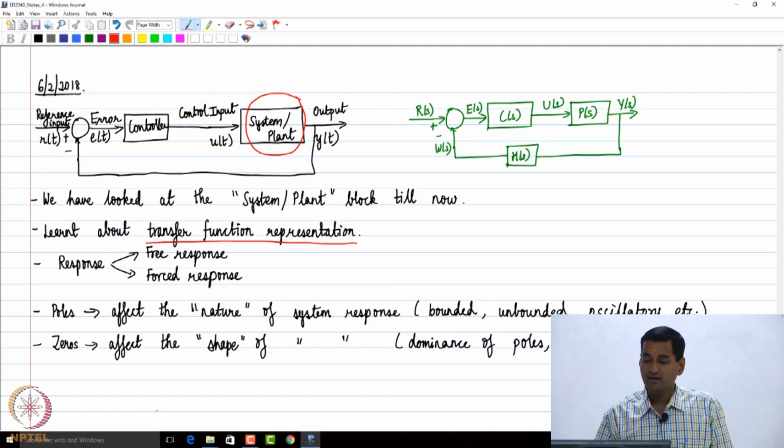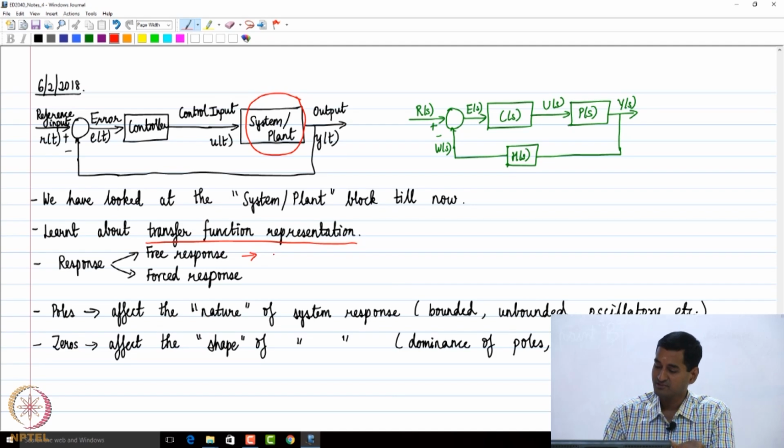And then we started looking at how we could use the Laplace transform to evaluate the system response. We had two responses, and we did quite a few examples, covering both the mathematics behind it and the physical explanation. What is called the free response is due to the non-zero initial conditions that come aboard.